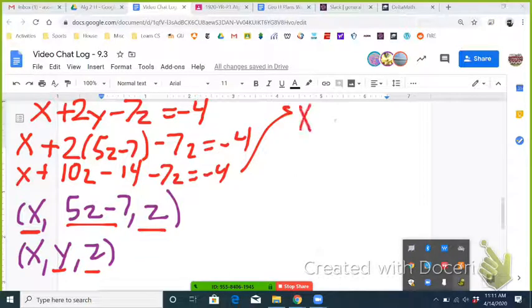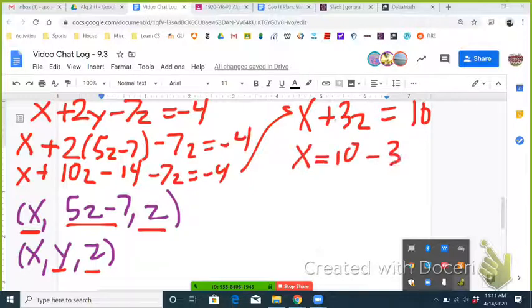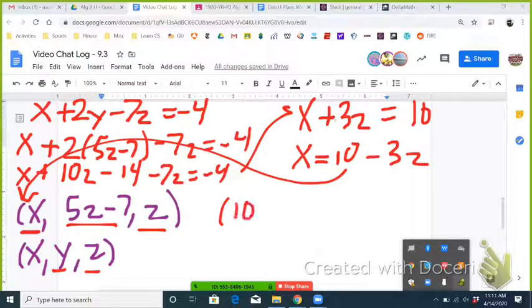Then I get x plus 3z equals 10 by adding 14 and combining like terms. So then I get x is equal to 10 minus 3z. Now I can plug that in right there, and I get this set of infinite solutions, this ordered triple, 10 minus 3z, comma 5z minus 7, comma z.